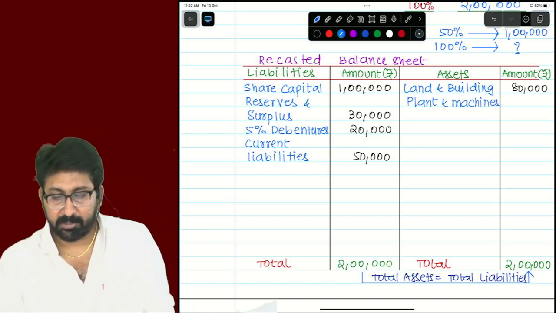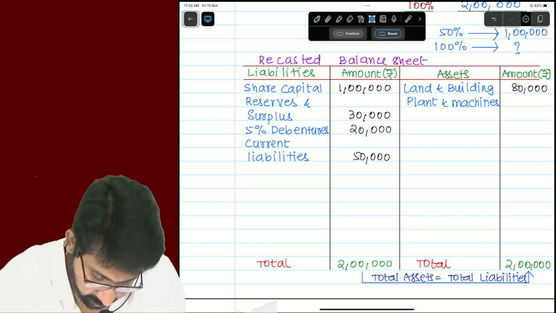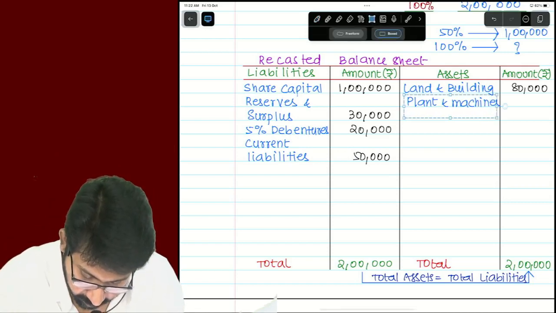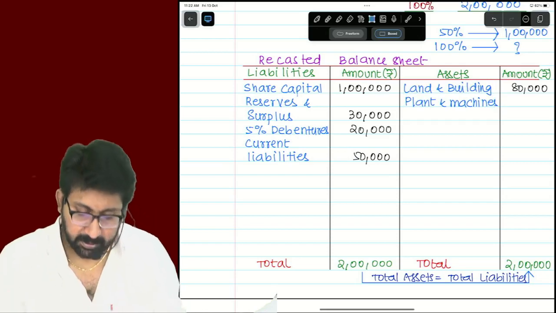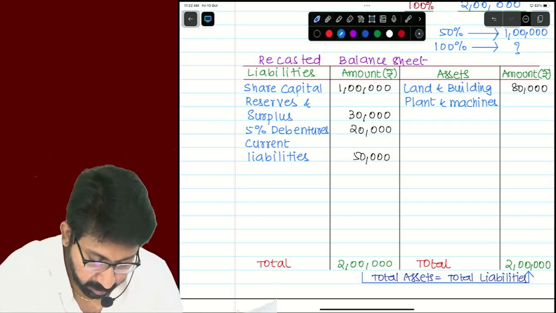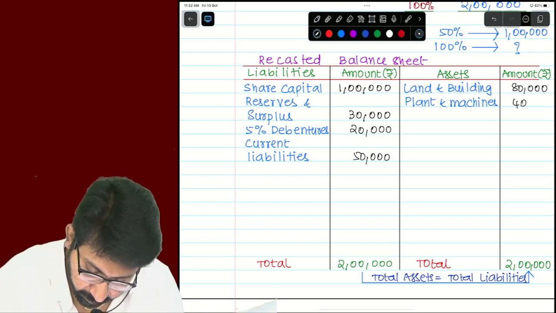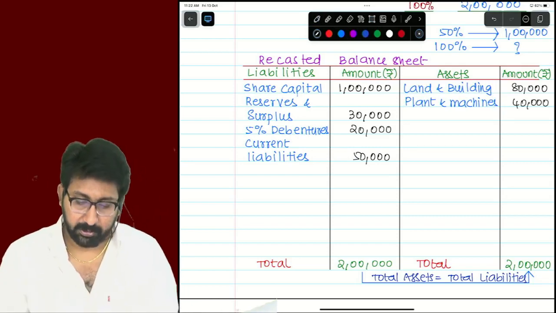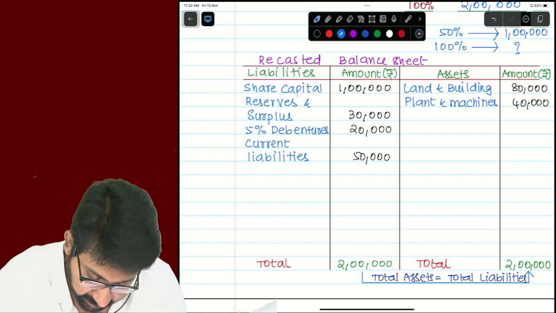Plant and machinery, net value, you tell me how much we got? 40,000. What is the cash?